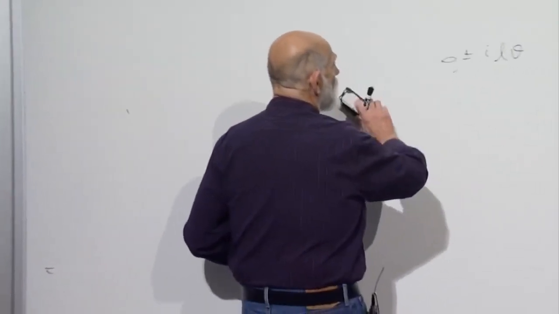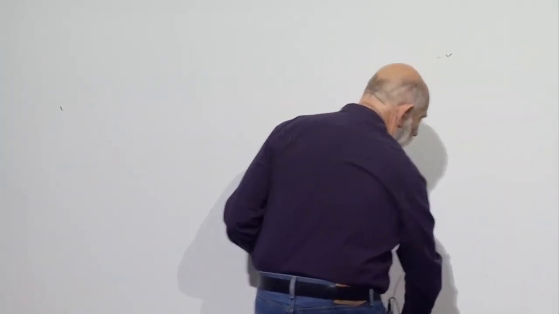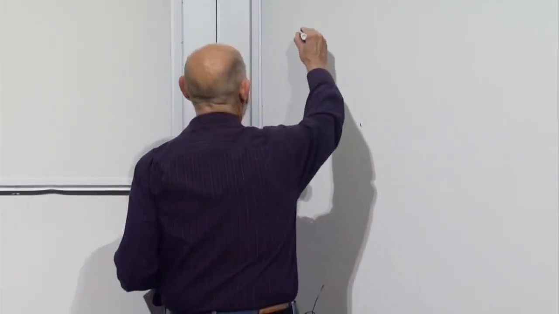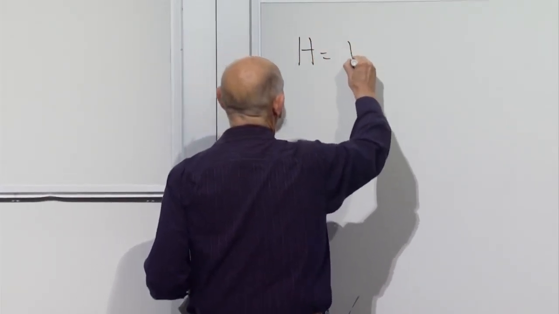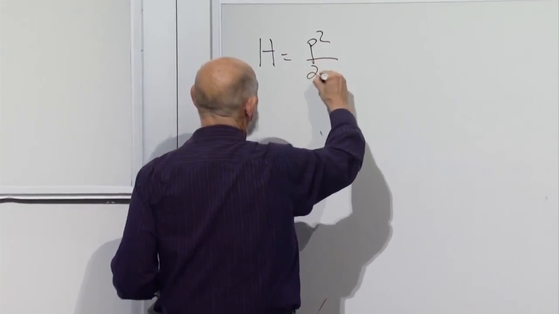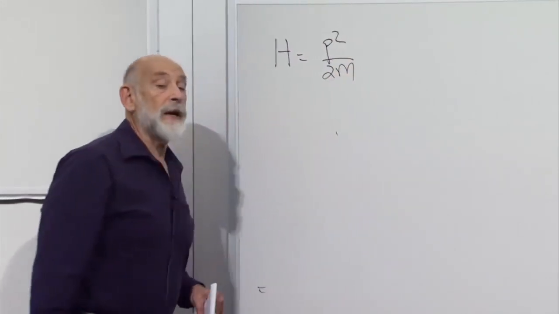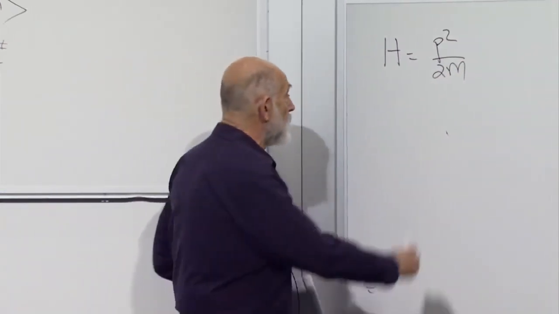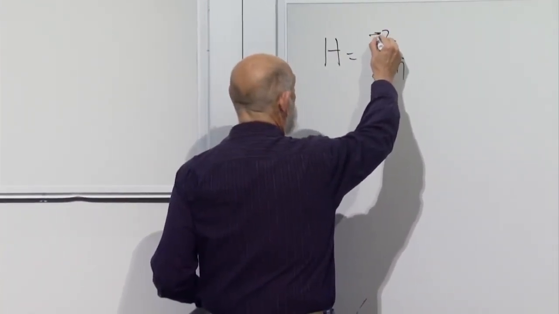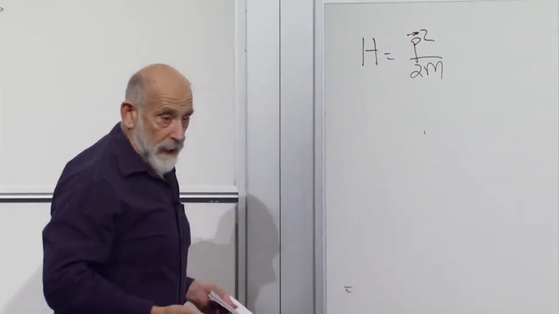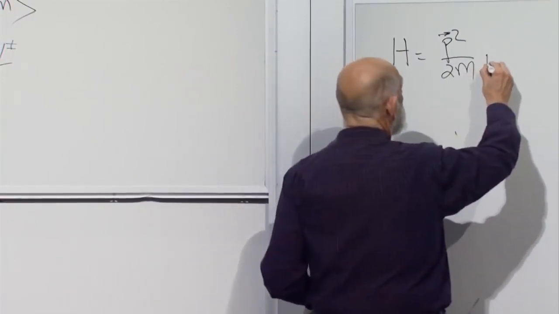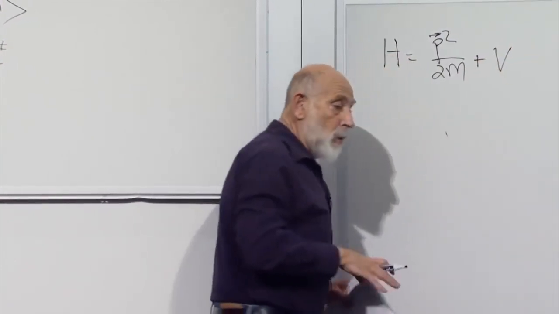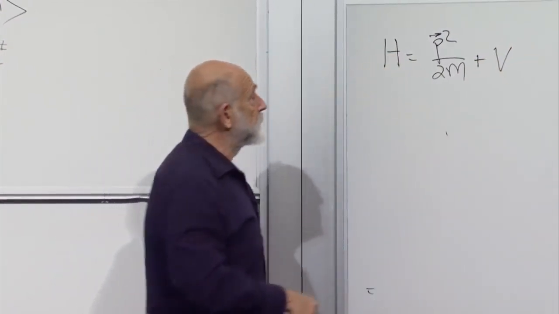What is it we want to do? We want to solve the Schrodinger equation for a problem with a Hamiltonian which is p squared over 2m. Now, p stands for the three components of momentum. So it's a vector, p squared over 2m, kinetic energy, plus some potential energy which only depends on the radius.